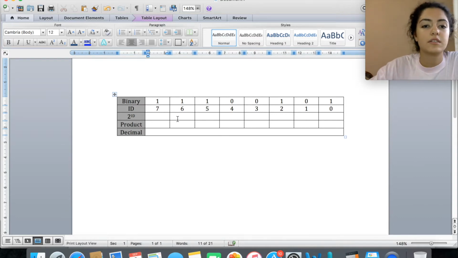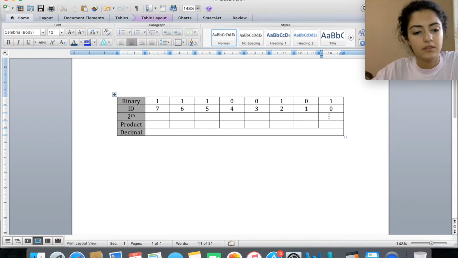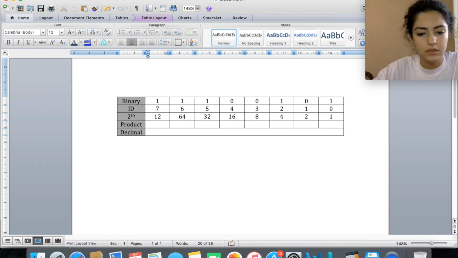Here in the third row we have to write powers of 2 respectively, like the first one, 2 to the power of 0 is 1, then 2, 4, 8, 16, 32, 64, 128.